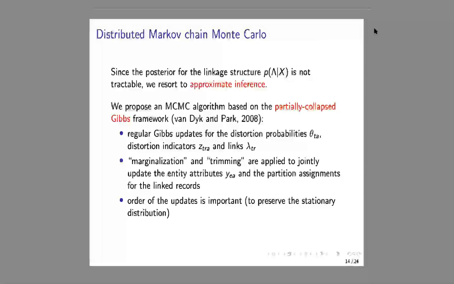Then we're going to apply marginalization and trimming, and we're going to apply these jointly to the entity attributes Y and the partition assignments for the linked records. If you've used partially collapsed Gibbs sampling before, the order of the updates is incredibly important, and this is to preserve the stationary distribution.